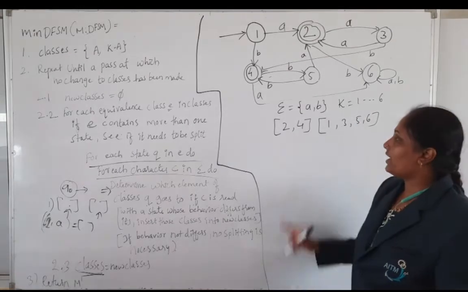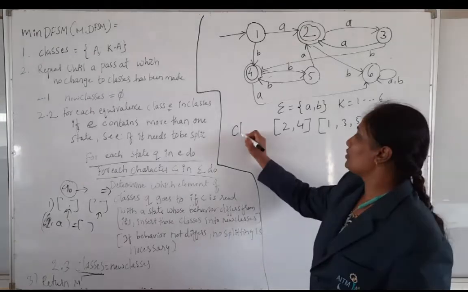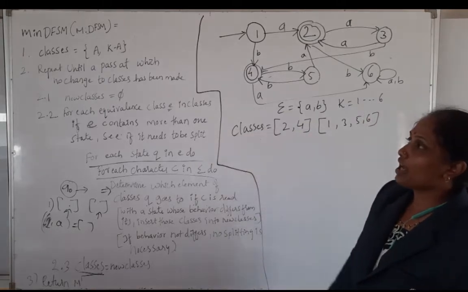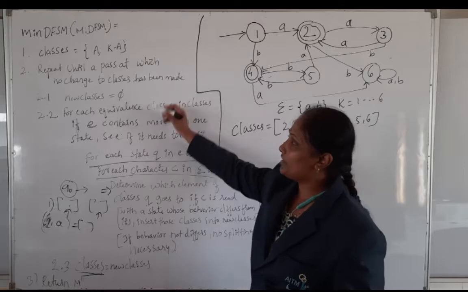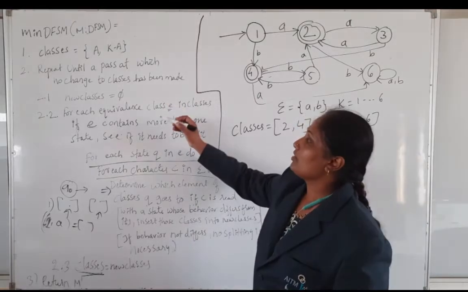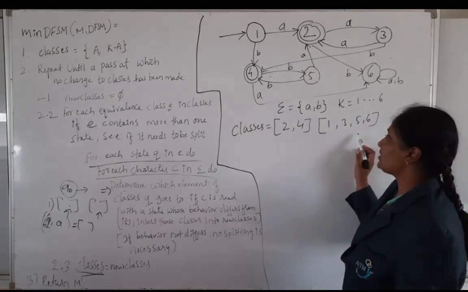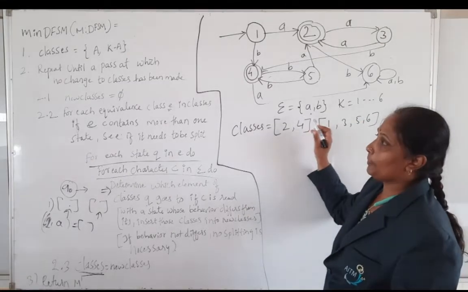So the first step is over. I had created the classes, so these are my classes. Next, I am going to repeat these steps for each of these states by considering a given input symbol.